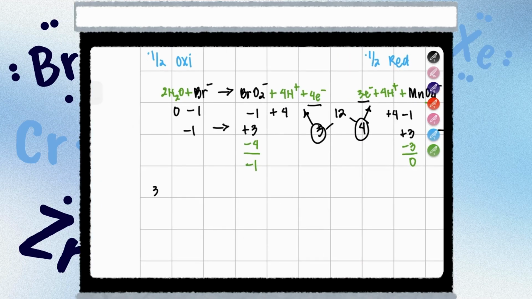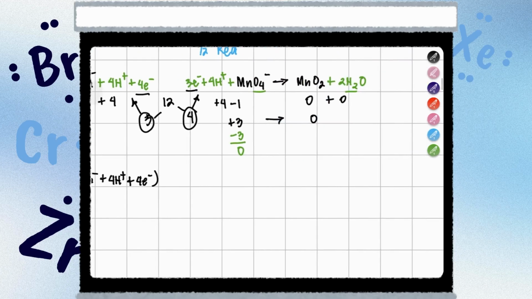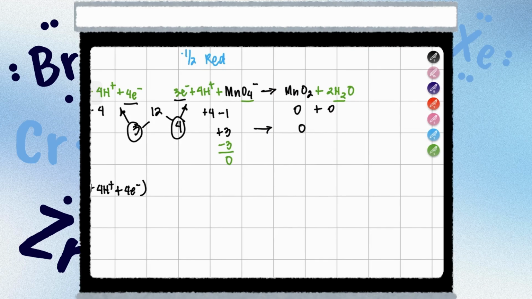So 3 times 2H2O plus Br minus, then BrO2 minus plus 4H plus 4e minus. Same thing sa reduction. You have 4 times 3e minus plus 4H plus MnO4 minus.